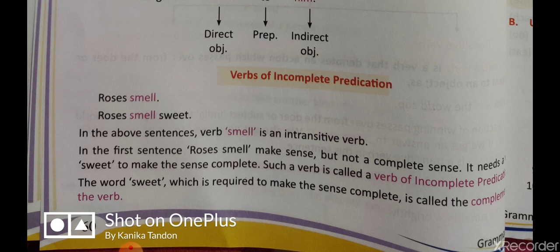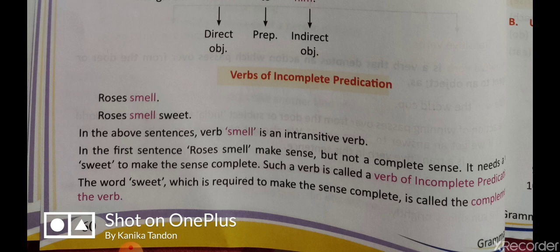In the first sentence, "Roses smell" makes sense but not a complete sense. It needs sweet to make complete sense. Such a verb is called a verb of incomplete predication. If in this first sentence we had used sweet, it would have given us a complete meaning. Without it the sentence does not give a complete meaning.